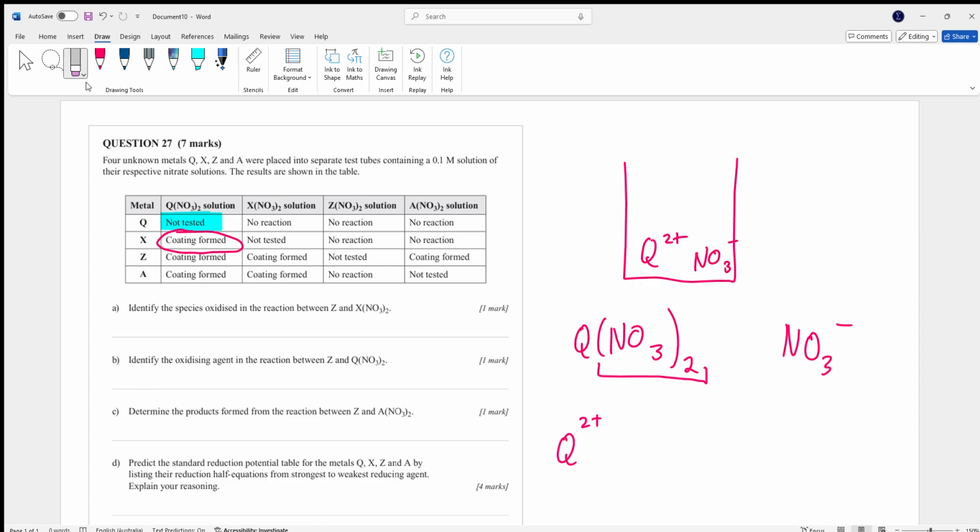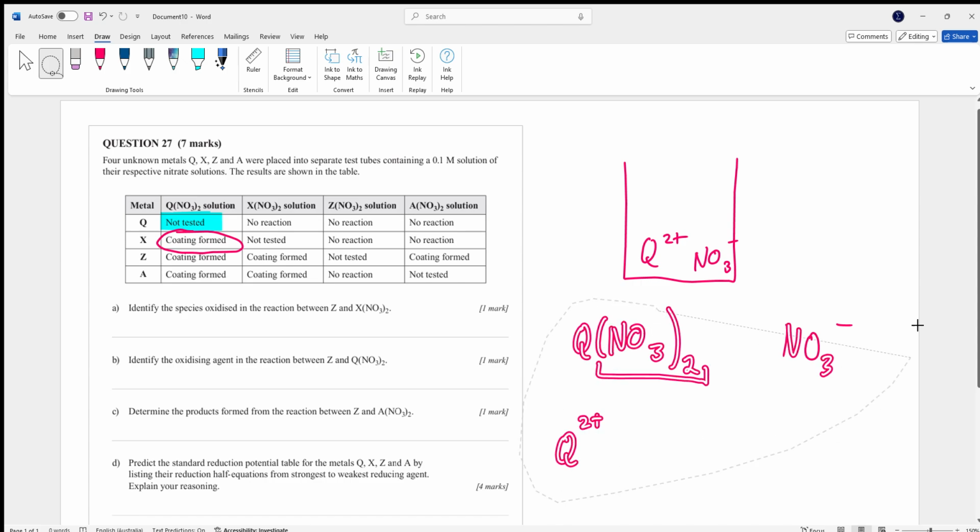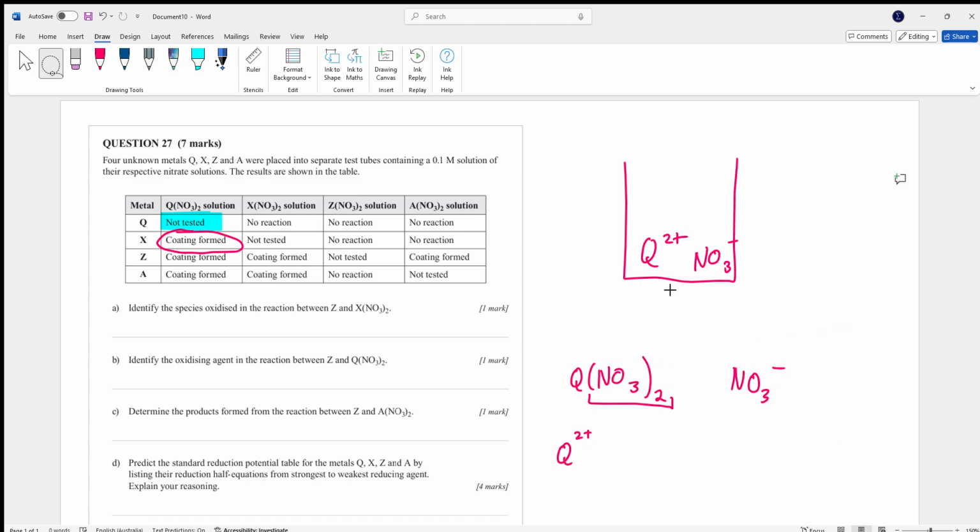Okay. Now, let's understand what happens when you place X solid into its solution here. So here they get some X solid, which I'm just going to draw as X, and they dump it, let's just add a little bit here. There we go. Now that's a better diagram. They put it into this solution here. That is what it's saying in this first table here.